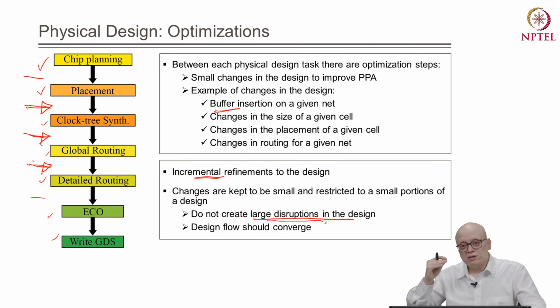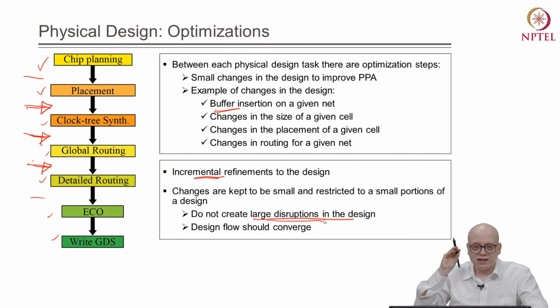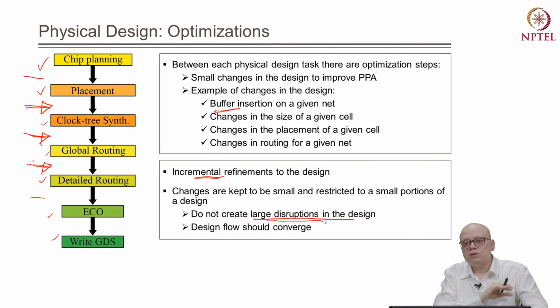So therefore, in these optimization steps, typically small changes are made, right? So that only a targeted optimization is done in a targeted region of the layout, not in a very large region of the layout, and no big optimization task is introduced in between these tasks.